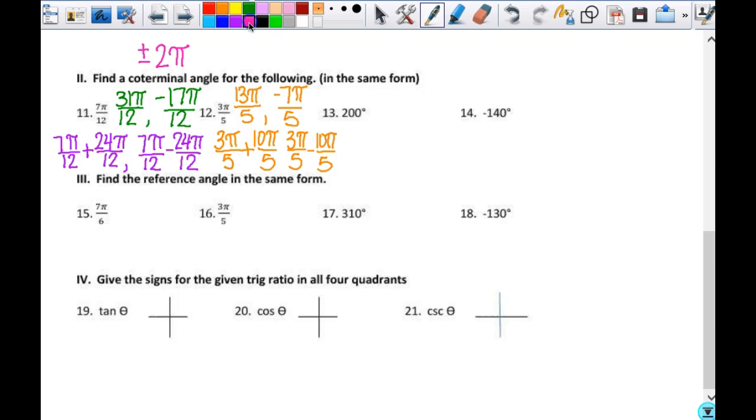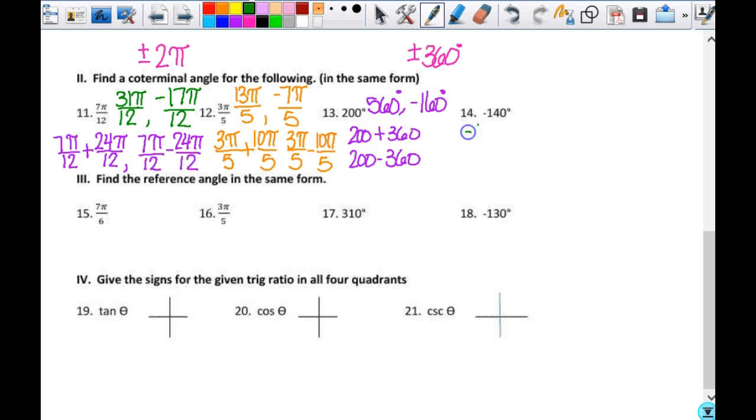For degrees, I'm going to add or subtract multiples of 360. So that means I'm going to get 200 plus 360 and 200 minus 360. So 200 plus 360 is 560 degrees. 200 minus 360 is negative 160 degrees.